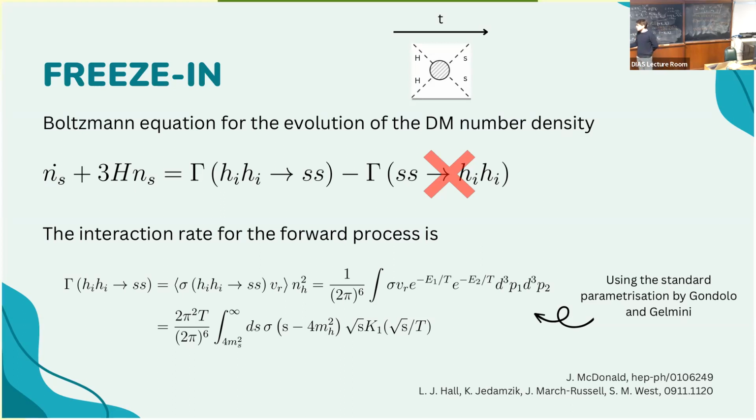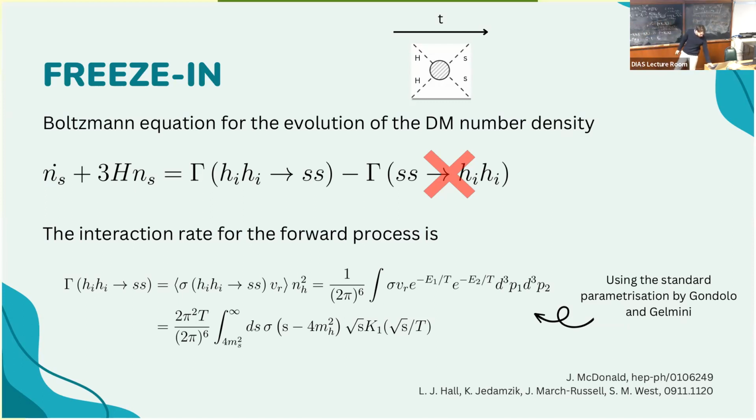So practically, we just need to study this production rate here, which is quite simple in the end. It's just an integral in the center of mass energy, s, because you can rewrite this 6-dimensional integral into just one integral in the center of mass energy. It's a quite convenient parameterization that was done back in the day.